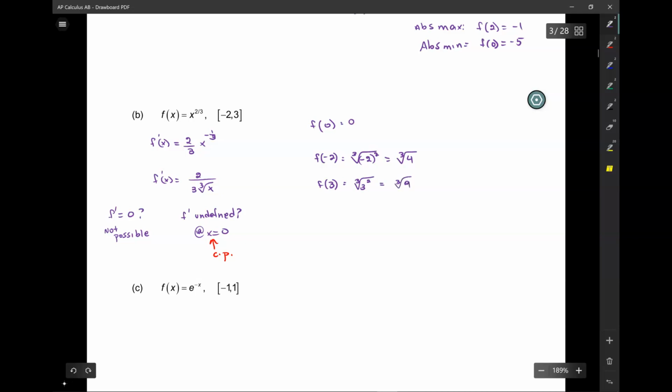So 0 is clearly the lowest point, so that's my absolute min. And if I'm comparing cube roots, we go with the radicand. The cube root of 9 is higher than the cube root of 4, so that is my absolute max.